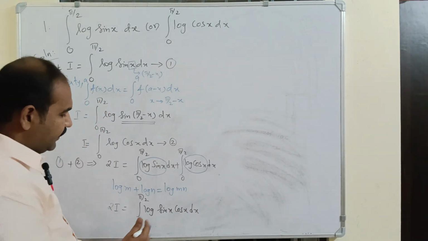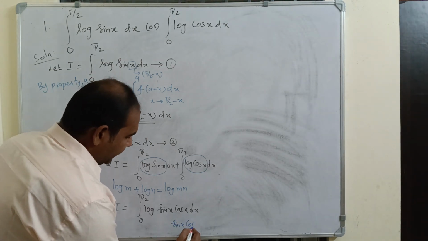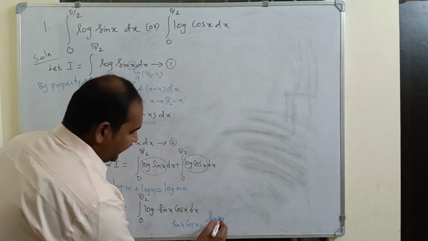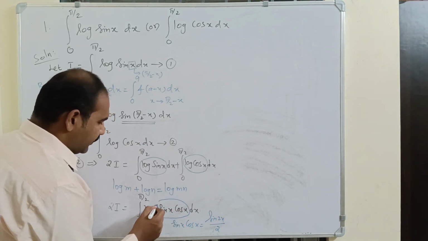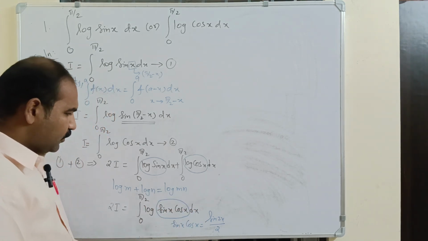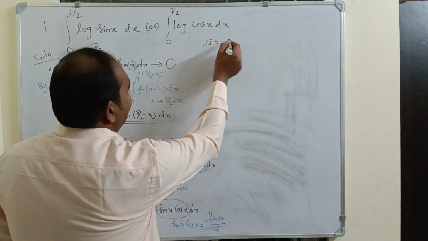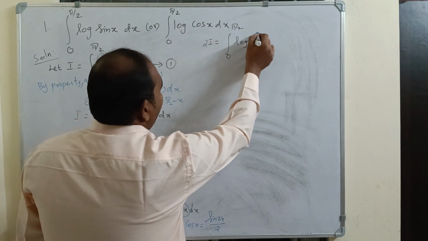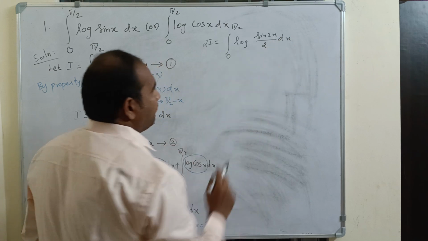Now again we apply sin x into cos x is equal to sin 2x by 2. So this integral is converted into 2I is equal to integral 0 to pi by 2 log of sin 2x by 2 dx.